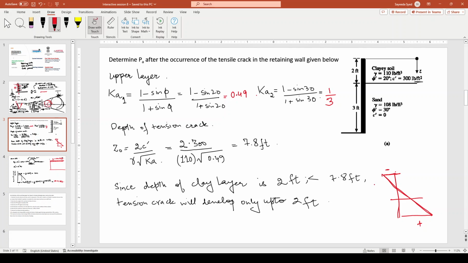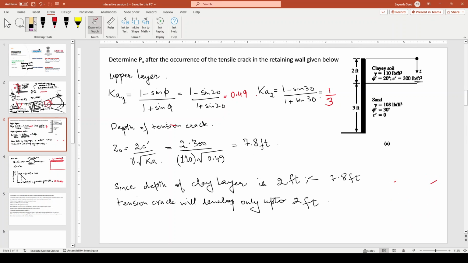So if the height of our clay layer is somewhere here, this part is not even materialized, not acting on the wall. So we're not taking that. That is why the question asks, on the occurrence of tensile crack, determine PA after the occurrence of the tensile crack.